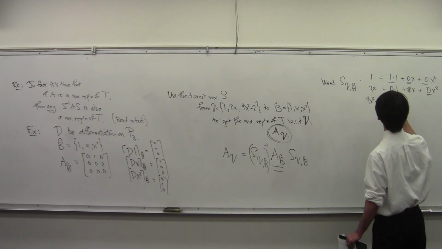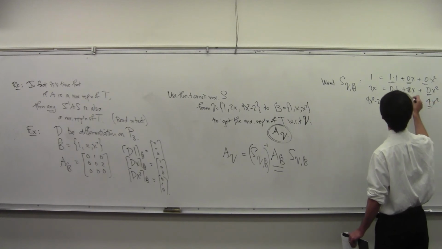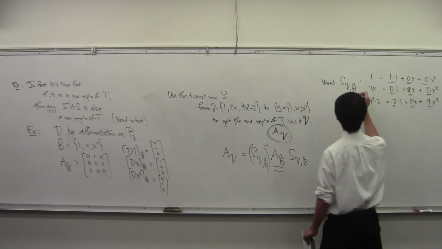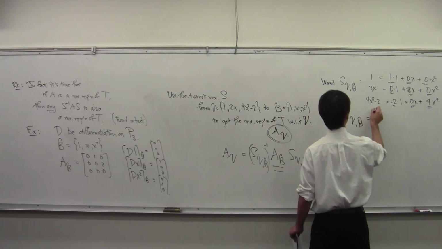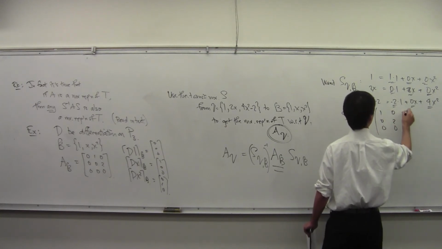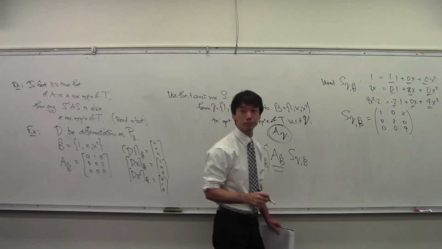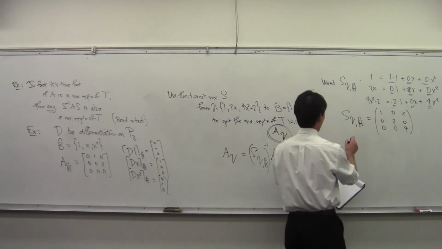This one is, of course, negative 2 times 1 plus 0x plus 4x squared. So you take those coefficients and you use these guys as the columns, 0, 2, 0, 2, 0, 4, right? Okay, and then you work it out.